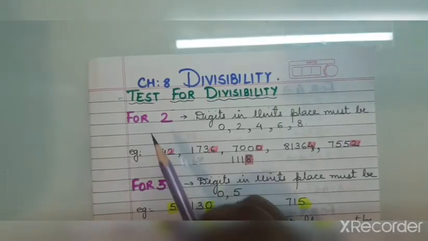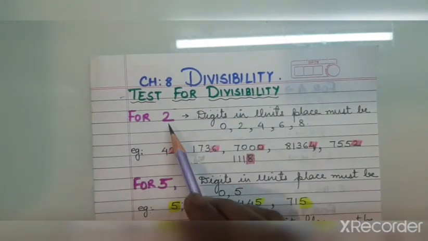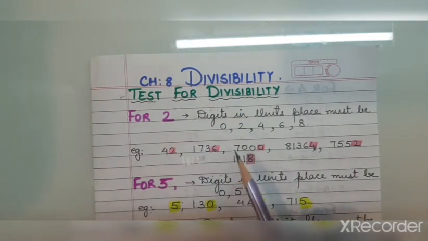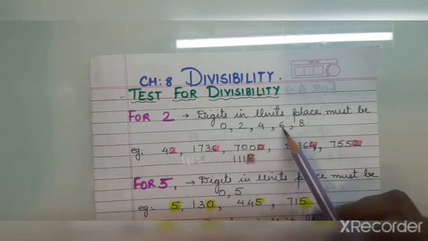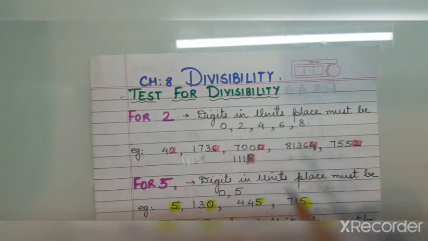So the test for divisibility for 2 is that if a given number has 0, 2, 4, 6 or 8 in its units place, then that particular number is divisible by 2.